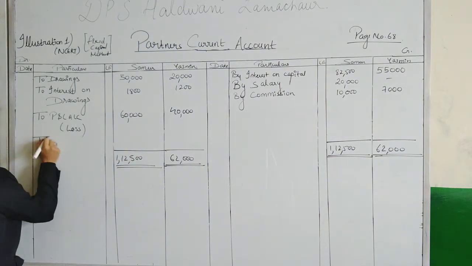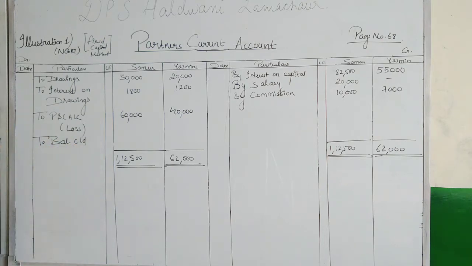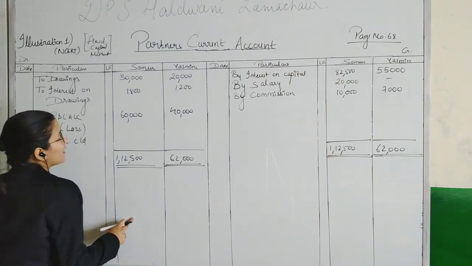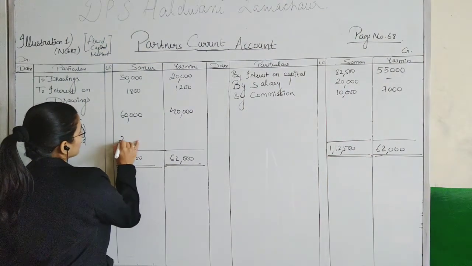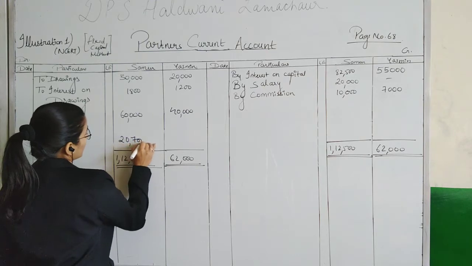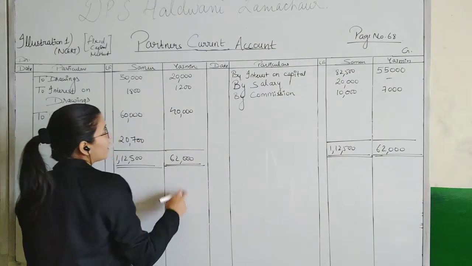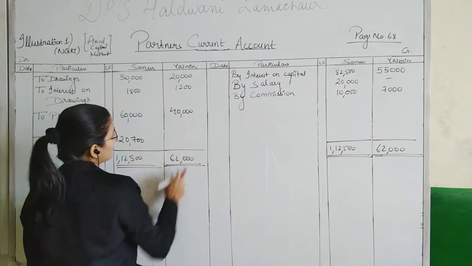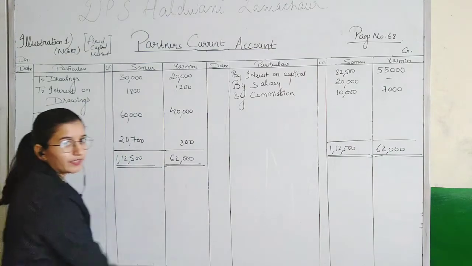Balancing figure is written as to balance carried down. So the balance carried down amount for Sameer will be 20,700 and the balance carried down amount for Yasmin will be 800.